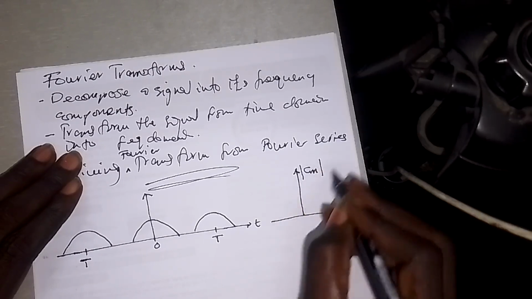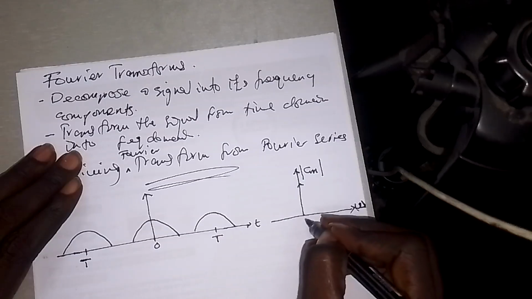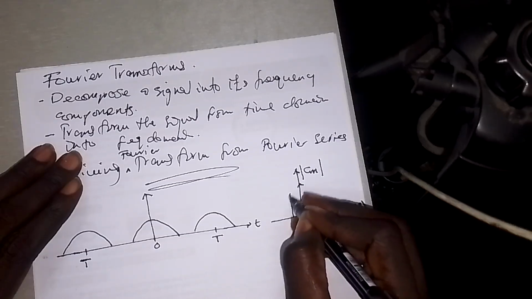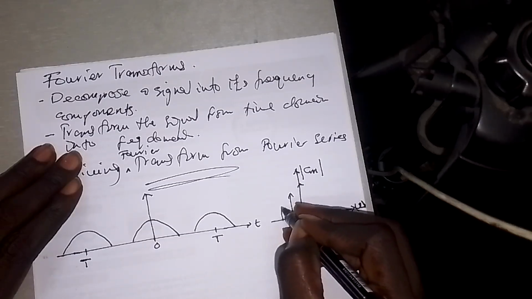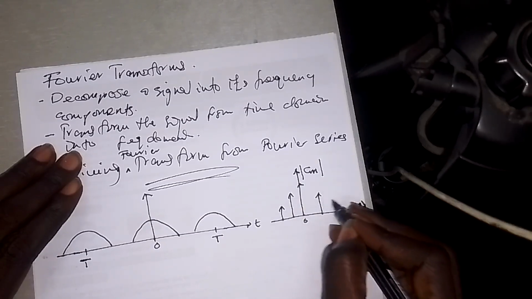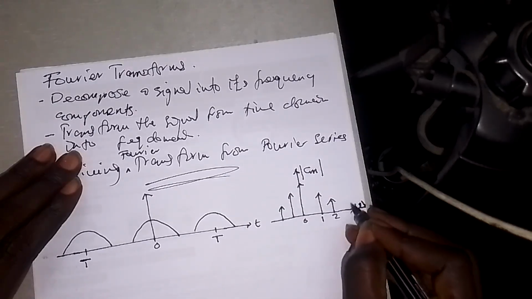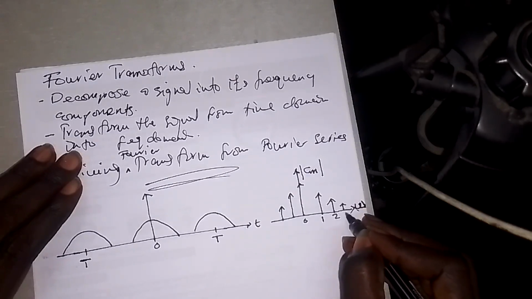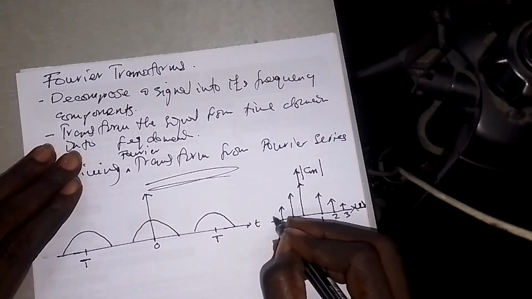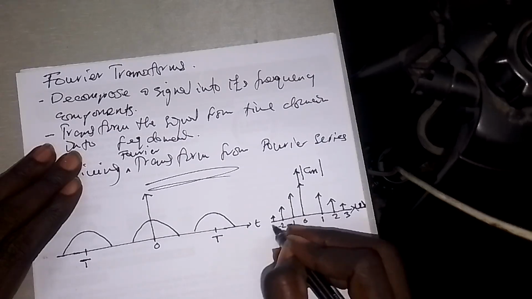Some people may use other variables like Cn. Let's say this one here is 0, here is 1, here is 2, here is 3, and here is minus 1, minus 2, and minus 3.